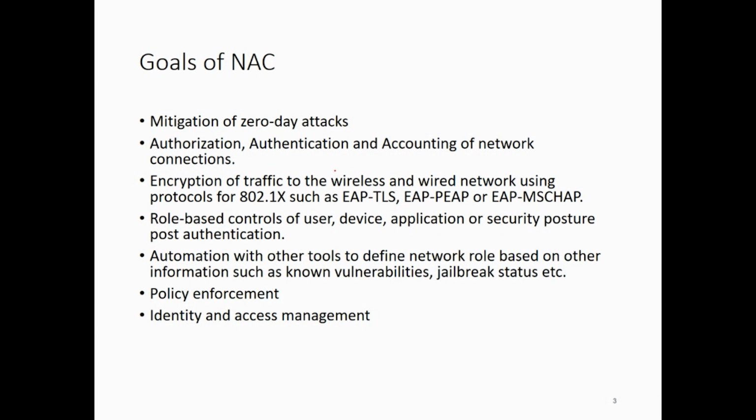Also, the other goal of having a NAC, or network access control, solution is the automation of defining the network role. This means that we can have an automated process to detect any jailbreak, any threats, or any vulnerability inside the network.